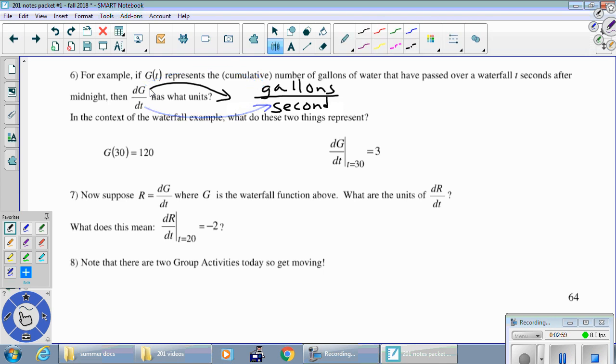In the context of the waterfall example, what do these 2 things represent? g of 30 equals 120. Let's start there. So that 30 is a value of t, and it means 30 seconds after midnight.